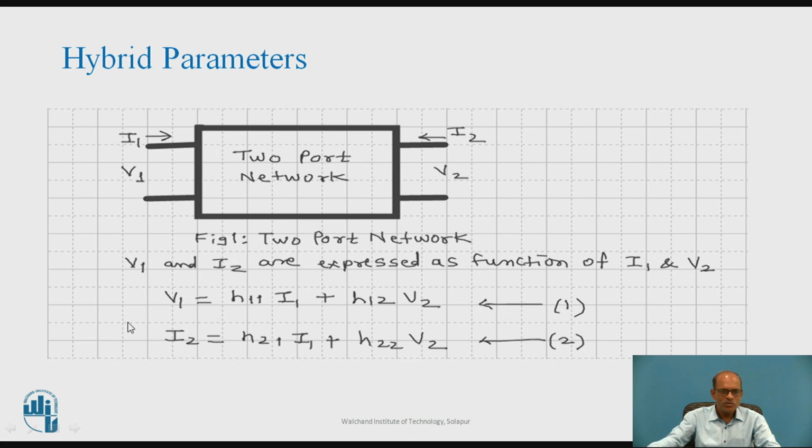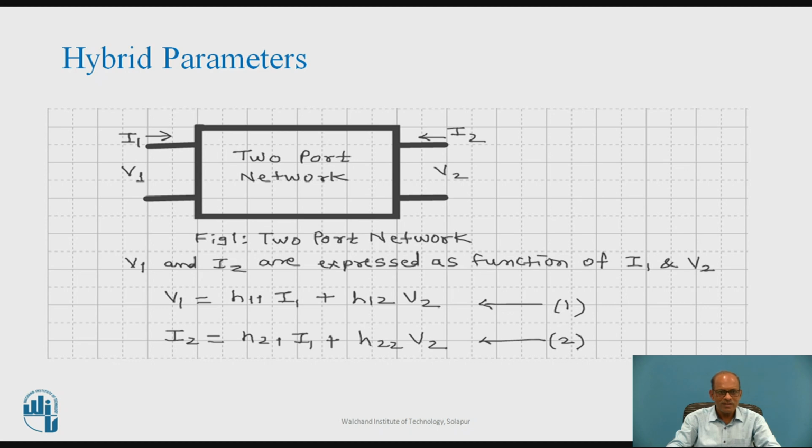Then we can write down V1 is equal to H11 I1 plus H12 V2, equation number 1, and I2 is equal to H21 I1 plus H22 V2. So in this equation V1 is expressed as a function of I1 and V2, and I2 is a function of I1 and V2, and H11, H12, H21 and H22 are the hybrid parameters.